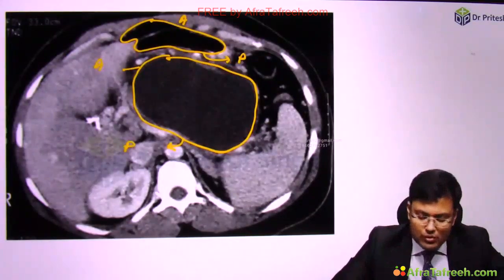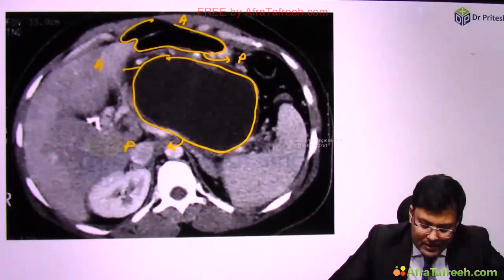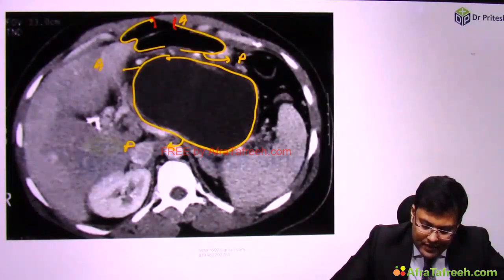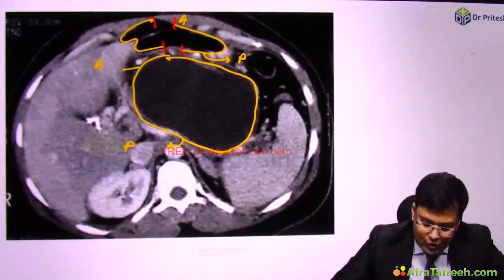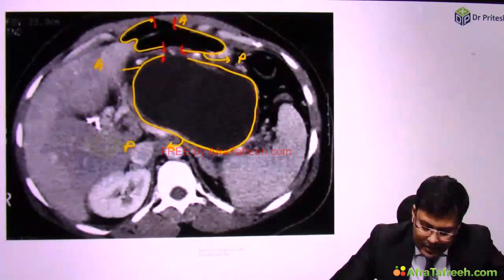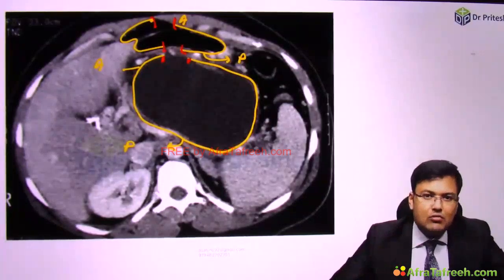Now what I'm going to do, after laparotomy, I'm going to open the anterior wall of the stomach. After that, I'm going to open the posterior wall of the stomach. After that, I'm going to open the anterior wall of the cyst. After opening the anterior wall of the cyst, I take a biopsy from the cyst wall. Why? To rule out malignancy.